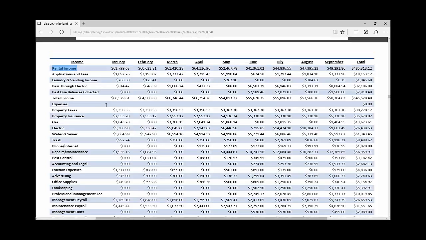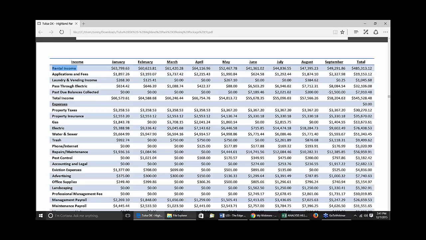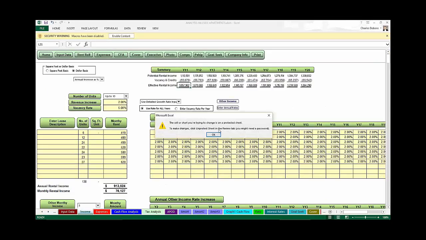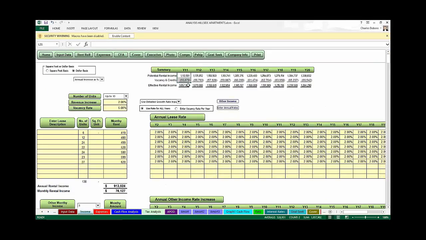So if I look at 485,313 divided by 9 months times 12, that tells me that this property is on track to collect $647,000. That means this number right here should be $647,000.